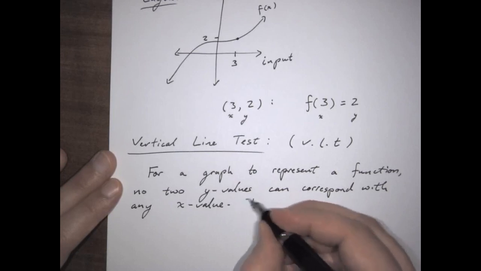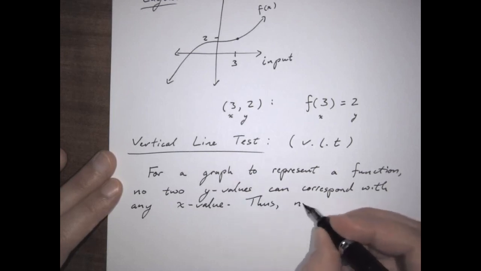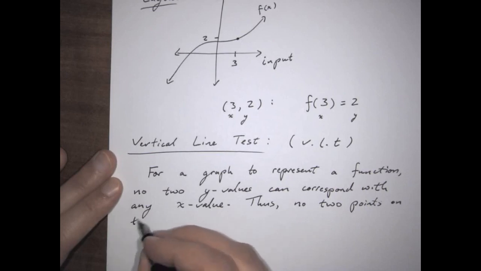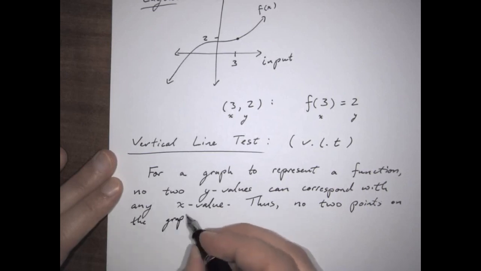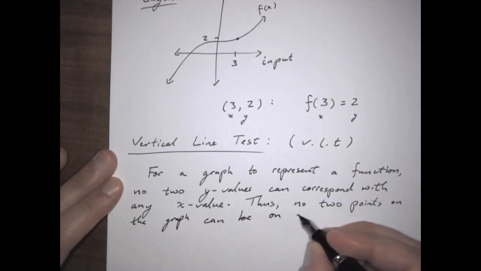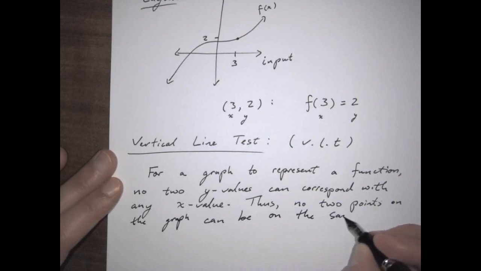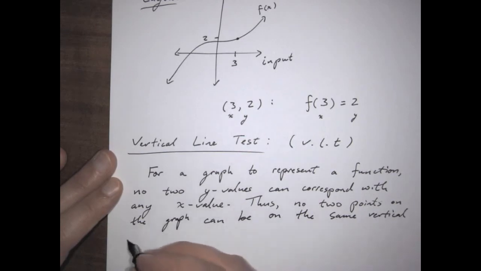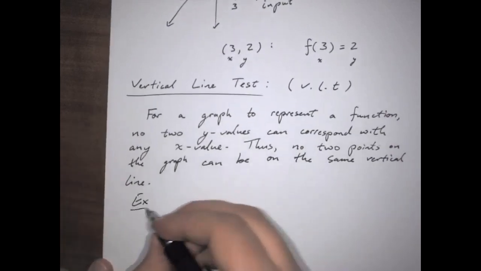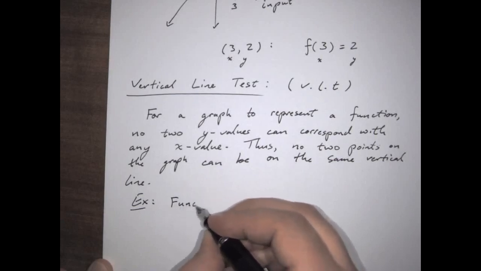So in other words, thus, no two points on the graph can be on the same vertical line. So as an example, function or not?